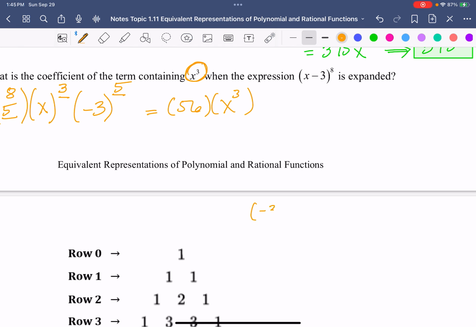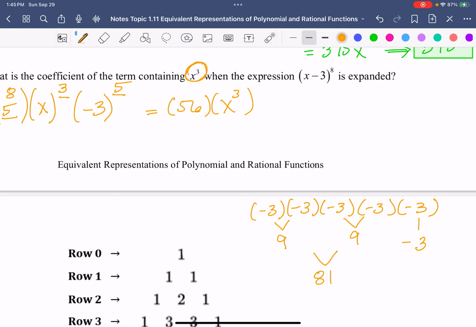And then, oh, how am I going to find -3 to the power of 5? I'm going to need to multiply -3 times -3 times -3 times -3. Yes, this would be easy on a calculator. No, you're not going to have a calculator during the test. So this is the way you have to do it, okay? Write -3 5 times. Then start multiplying. These two equal 9. These two equal 9, and then this one is by itself.